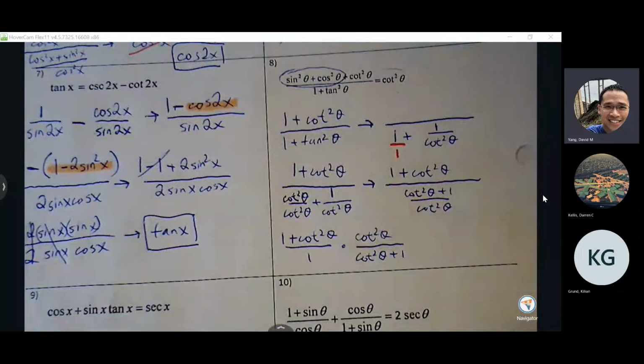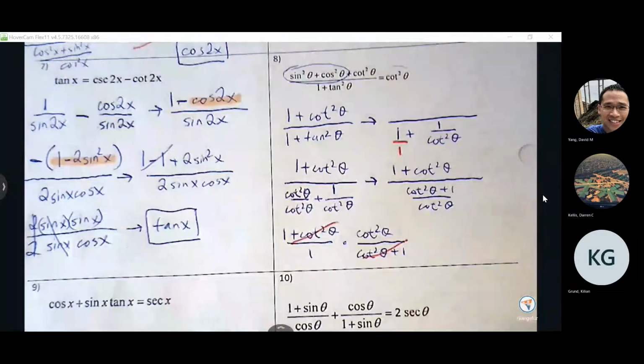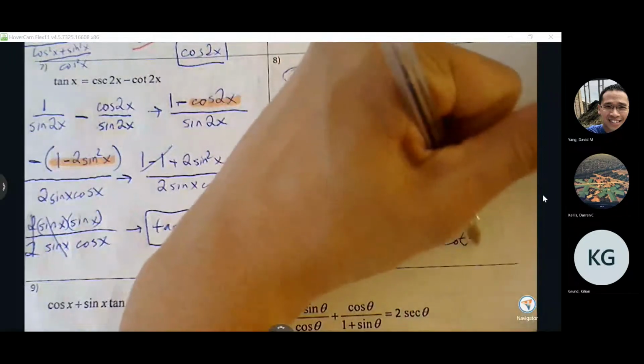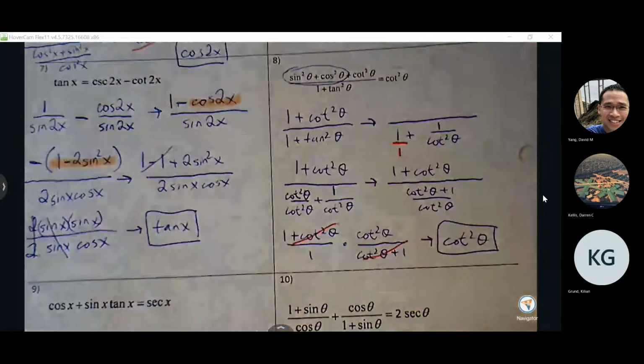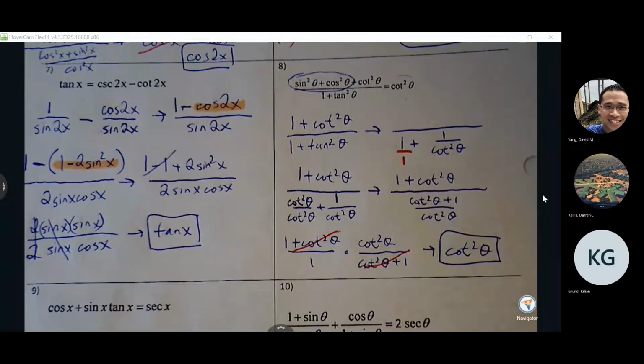Looks like I have a nice match between my numerator and denominator, so that can go away. Only left with cotangent squared. Okay, any questions so far?